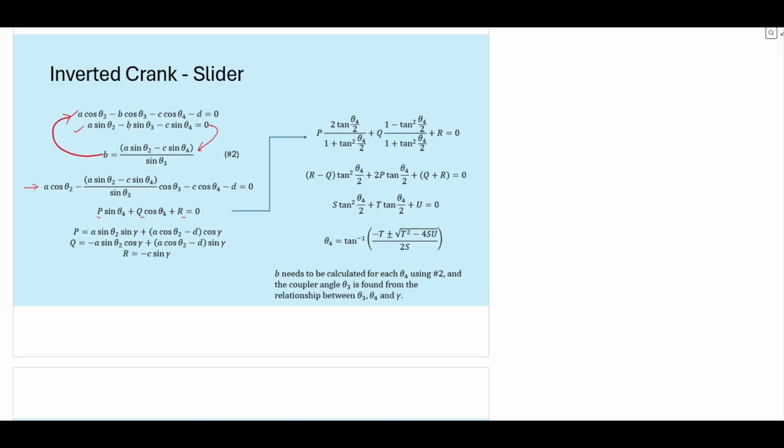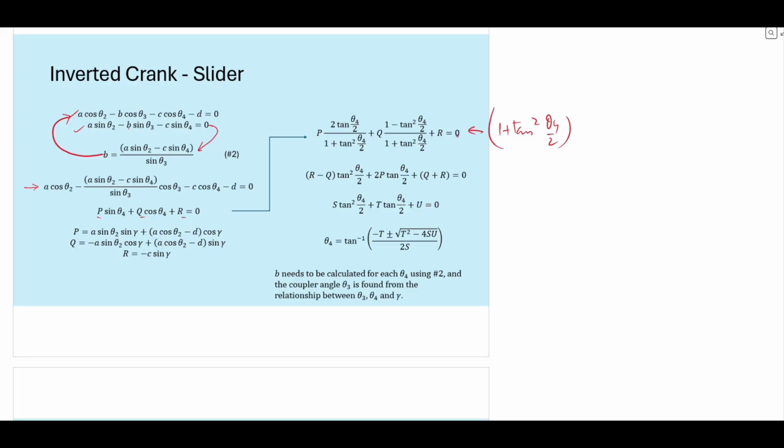We'll get to P, Q, and R shortly, but once we get this form, we can go back to what we did in the previous case. We can write sine theta 4 and cos theta 4 in terms of the half angle formulae using tan theta 4 by 2, and then we can multiply this equation with 1 plus tan square theta 4 by 2.